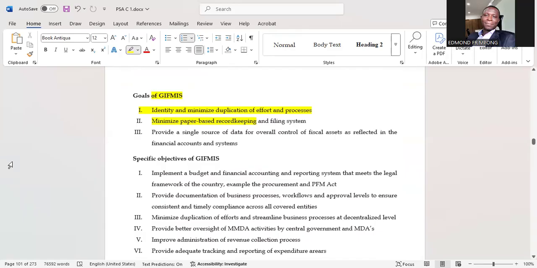In the past, you go to the hospital and each patient has a folder. You see a shelf with so many files in there. They are trying to move away from this, so you have a paperless working environment or economy. GIFMIS also provides a single source of data for overall control of what? Physical assets.